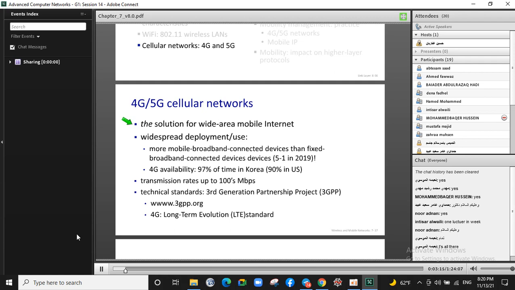One of the basic technologies that we use to connect to the internet regularly, commonly, is cell phone technology. This cell phone technology is a wide area mobile connection solution.